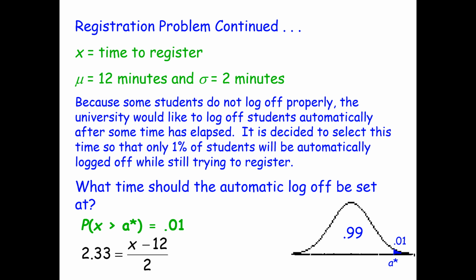So when we look up 0.99 in our table, we get 2.33. Now our standardization is x minus 12 divided by 2. So we'll multiply both sides by 2 and then add 12 to give us a value of 16.66. Meaning that at about 16.66 minutes is when the log off should be set.